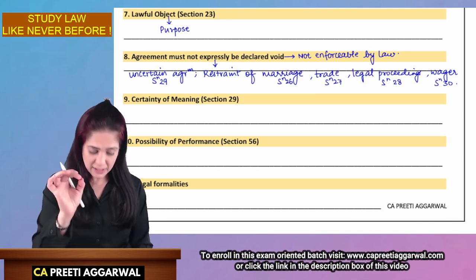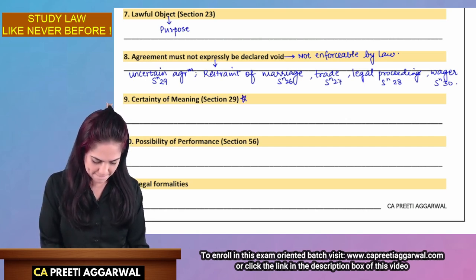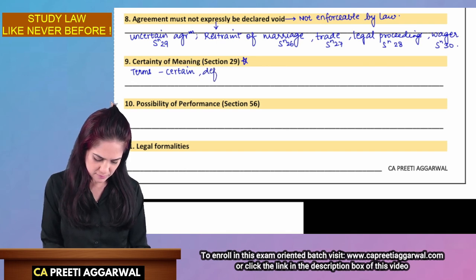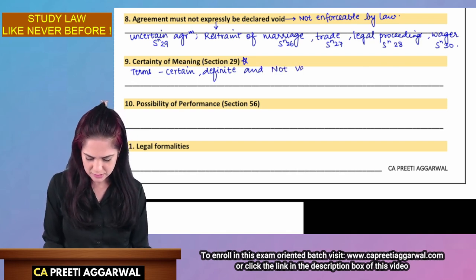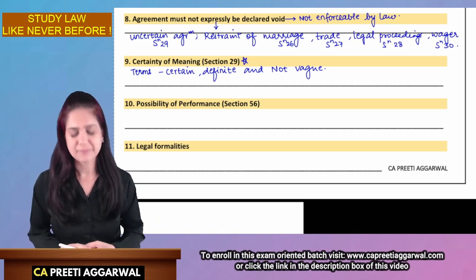Meaning must be certain. Section 29 is important. Various terms used must be certain. The words that we use: certain, definite, and not vague. You need to mention all this in your exam.